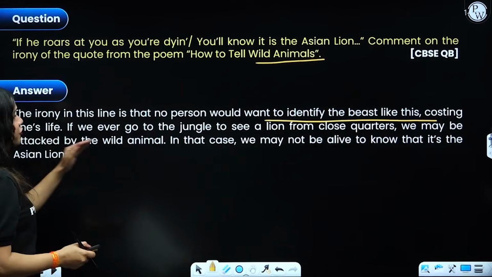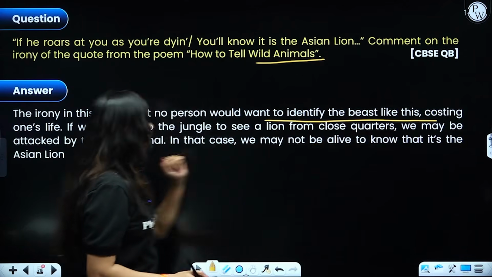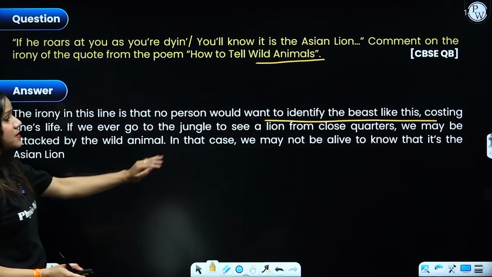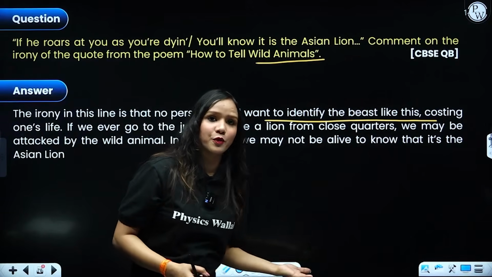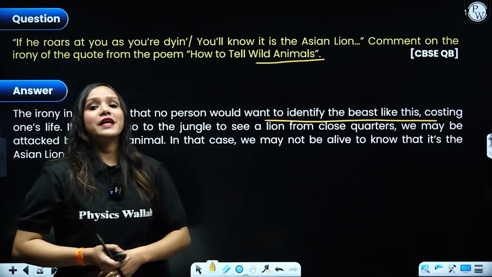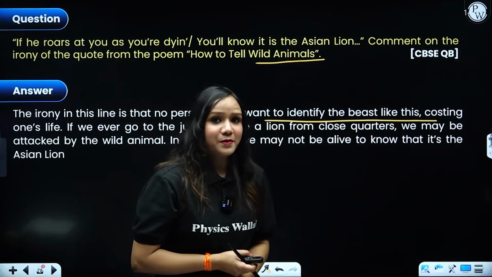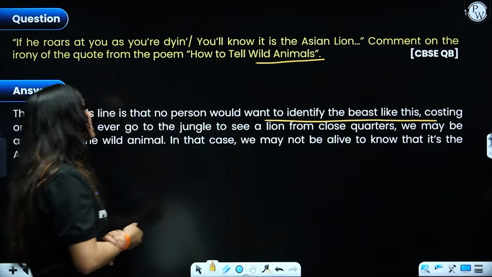So if we ever go to the jungles in the eastern parts, from close quarters, we may be attacked by the wild animals. In that case, we may not be alive to know whether the animal is actually the Asian lion or not. So it's a suggestion to all of you to never try this just to know whether it's an Asian lion or not. Please don't put your life at stake or at risk, right?